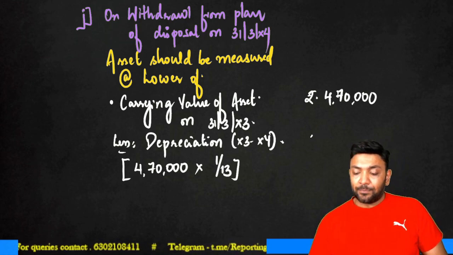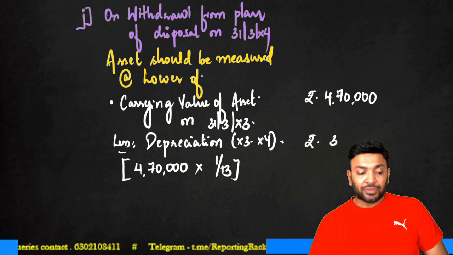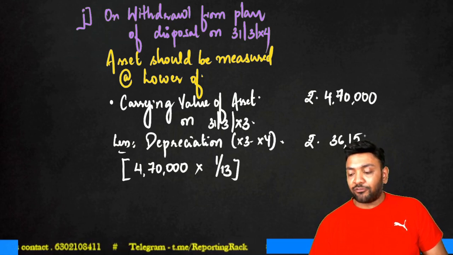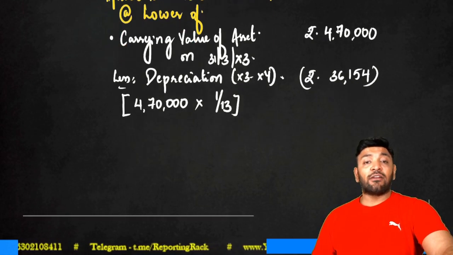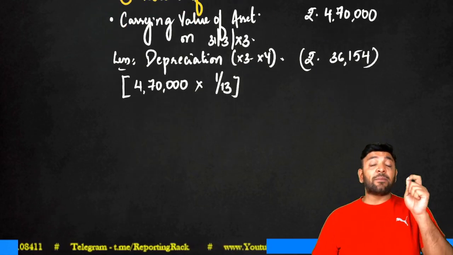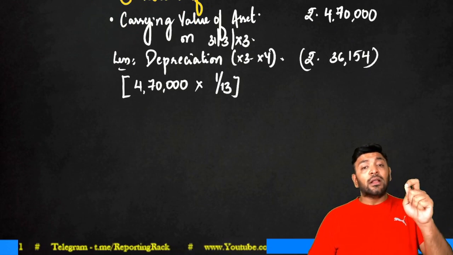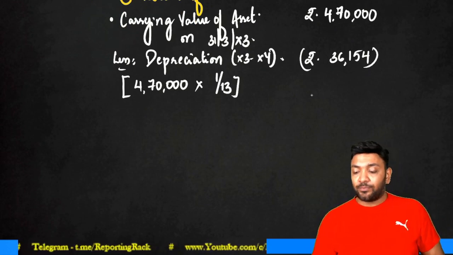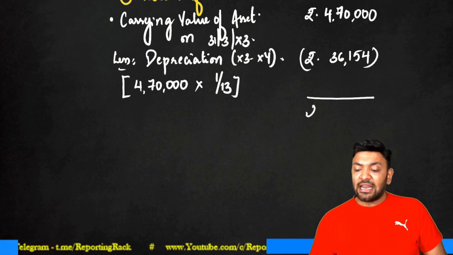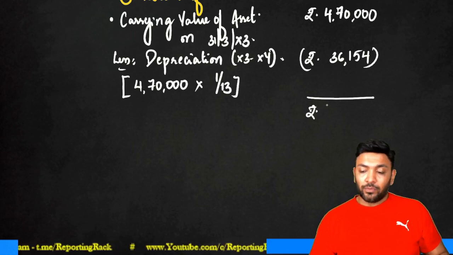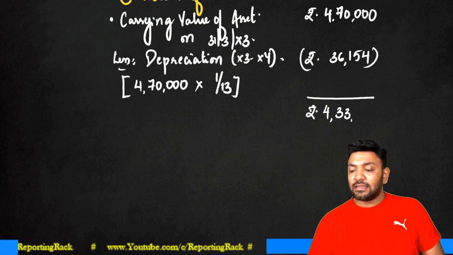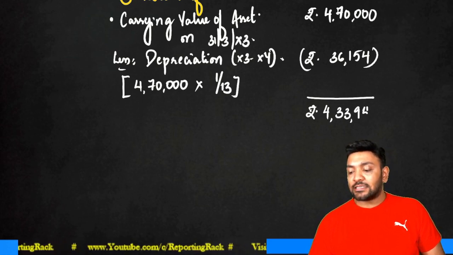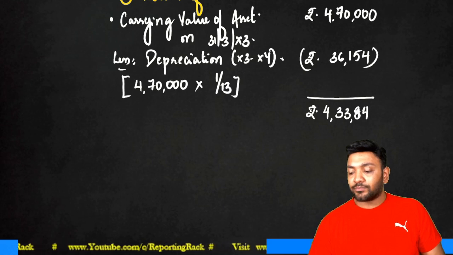So that means the depreciation would have been 36,154, because there is a change in carrying value, there is a change in depreciation as well. So the carrying value of the asset would have been 4,33,846.